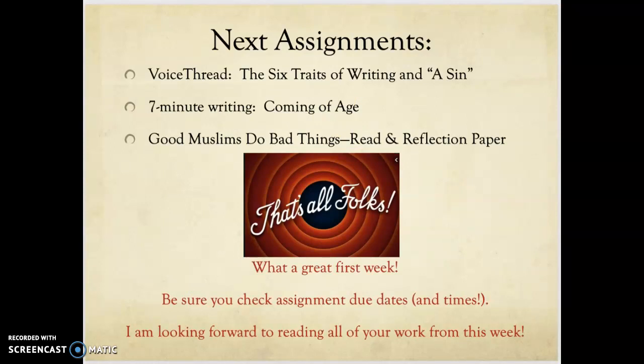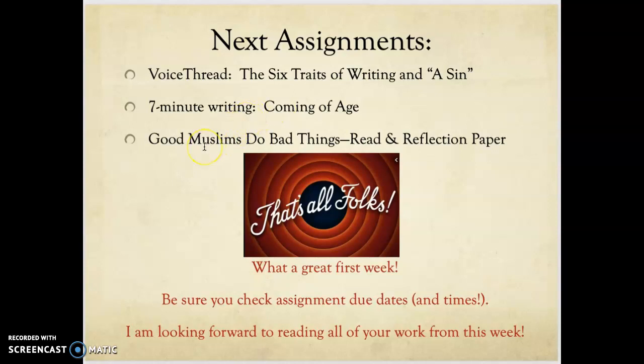Your next assignments are to listen, interact, and complete the VoiceThread. The VoiceThread is in the 6 traits folder, and it goes through the 6 traits of writing and uses the essay A Sin by Brian Doyle. You're going to do that, and then you're going to do one more 7-minute writing, and it's about coming of age, and all the directions are right on the discussion board.